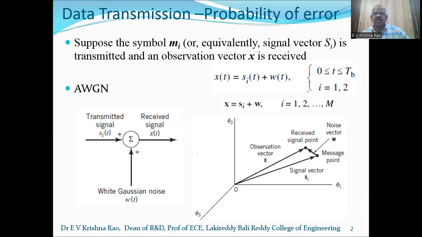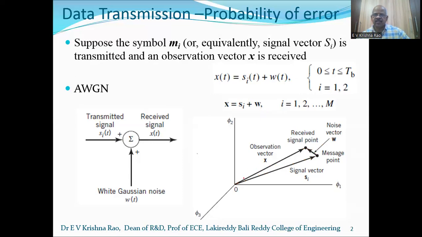The symbol or bit, the digital data, is represented during the transmission interval 0 to Tb. If there are a number of signals, i equal to 1 and 2, s1 and s2, etc., the received vector is represented as x equals si plus w. In this space diagram, the signal vector is represented by this vector and the noise vector is added here.